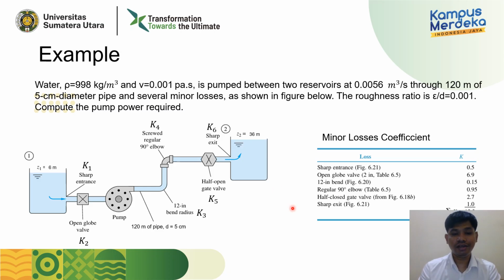Of course, you can find it in the table or the figure or diagram that we learned in the previous sections. And for a sharp exit, we have the K, or minor loss coefficient, as 1.